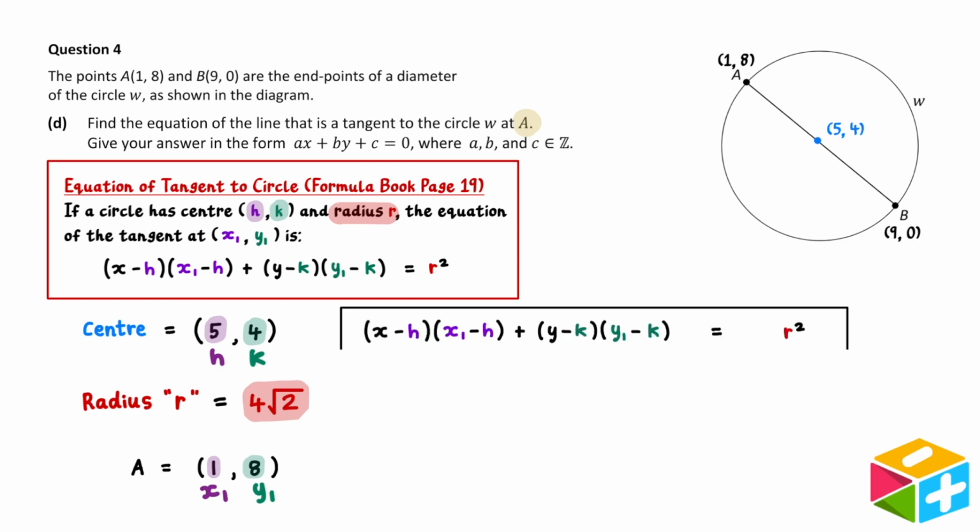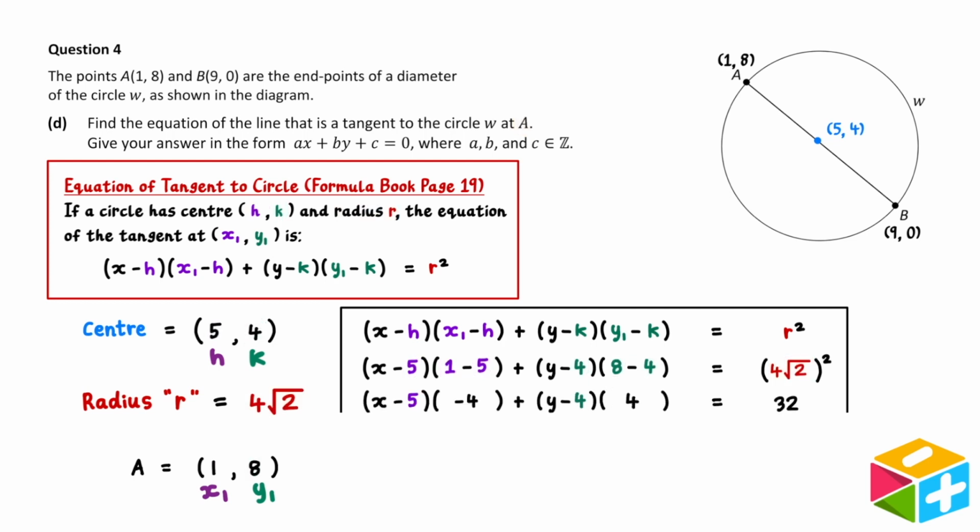From here, all we have to do is sub our values into the formula and do some simplification. One minus 5 is minus 4, and 8 minus 4 is 4.